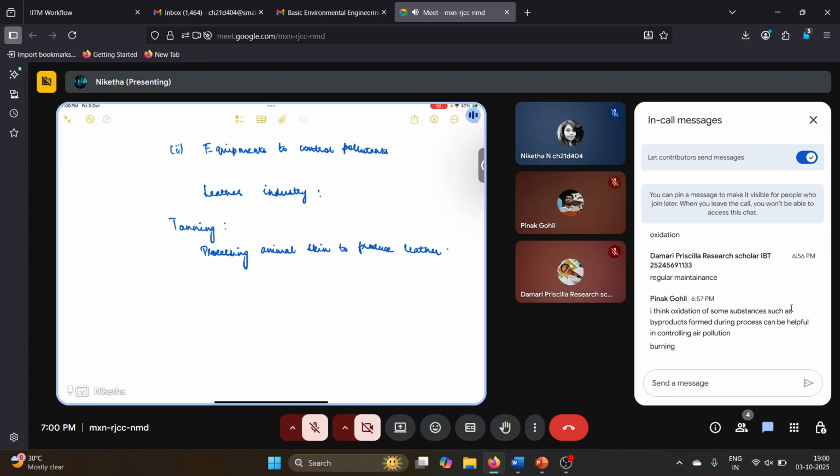So now we'll be looking at the different processes which are used in a tanning industry or a leather processing industry.